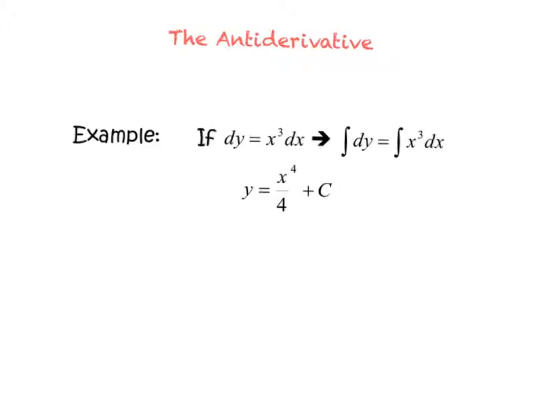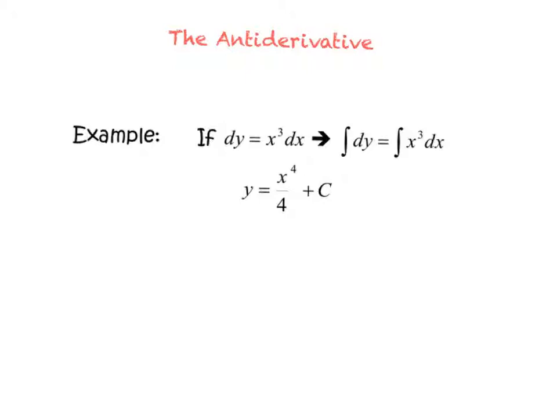Now that we know the symbol we're going to use for this antiderivative operation, which is the opposite of the derivative, we know we have to use the integral symbol. The integral of the left side means we're finding the function y, and the integral of the right side means we're looking for the function whose derivative equals x cubed.